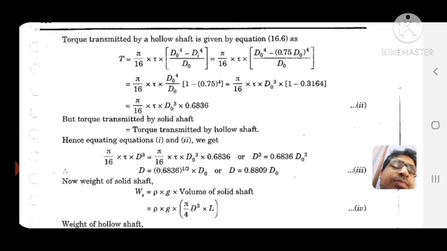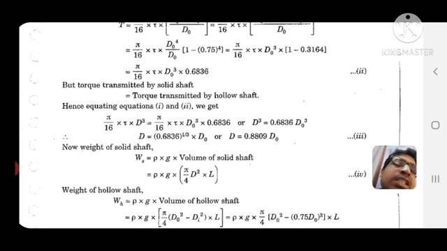So pi by 16 into tau d0 to the power 4 by d0, (1 minus 0.75 whole to the power 4). Pi by 16 into tau d0 cube into (1 minus 0.3164). So that is equal to pi by 16 into tau into d0 cube into 0.6836. But torque transmitted by solid shaft is equal to torque transmitted by hollow shaft.